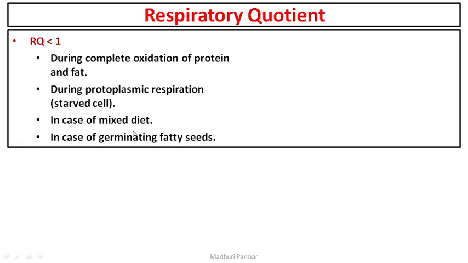In case of a mixed diet, let us say your body is utilizing in mix, some places it is using carbohydrate, some places it is using fat, in which case your RQ will show less than 1. And in case of germinating fatty seeds, like groundnut, when you soak groundnut and find out their respiratory quotient, it is less than 1. Why? Because they are fatty, oily seeds, and they use fatty acid for respiration.